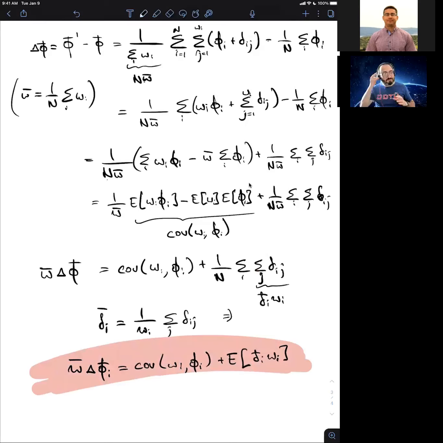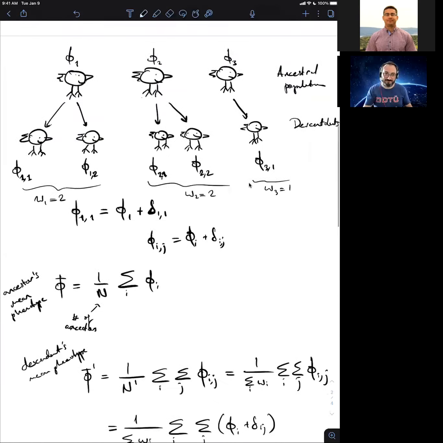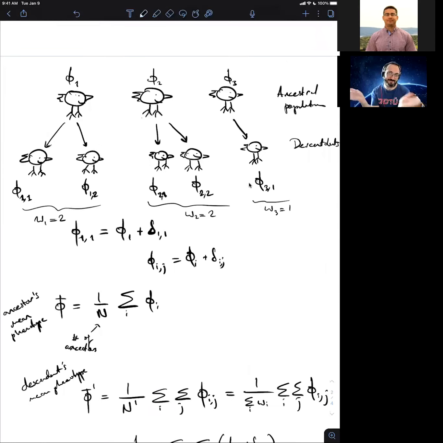Before we talk about what this means, all I did in this derivation was describe a situation where I have two populations, ancestors and descendants, and the only real information is in these mappings from the ancestors to descendants, and I also gave you all the trait values of all the individuals. We measured all of that. All of that information is in our books before we write down the Price equation.